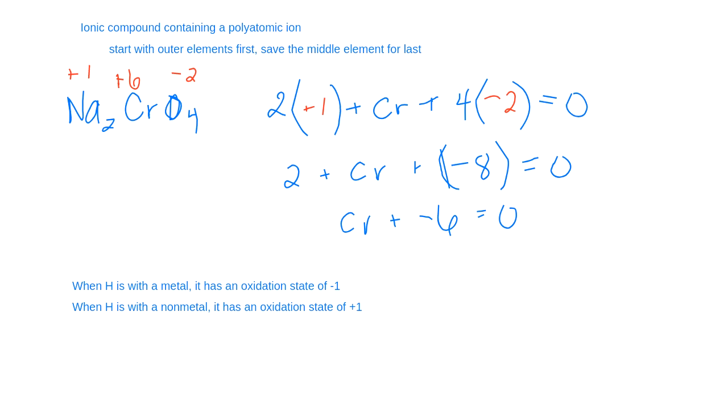So now that we have our rules of our oxidation numbers, we can go ahead and look at a reaction, determine what's being oxidized and what's being reduced, and what is the oxidizing agent or the reducing agent. So let's try that out.